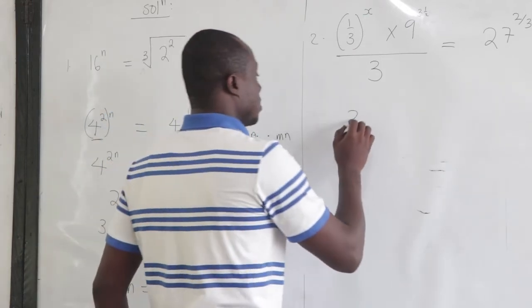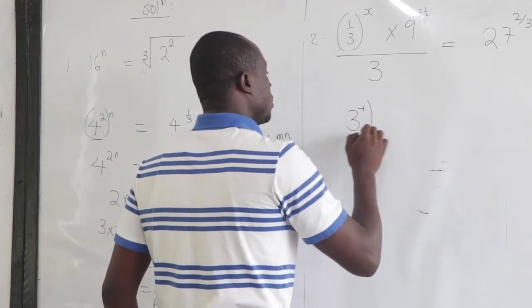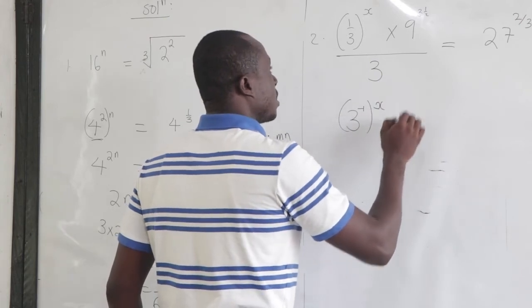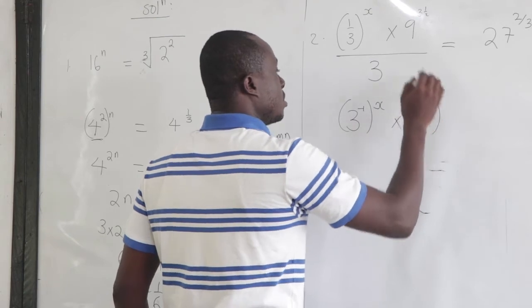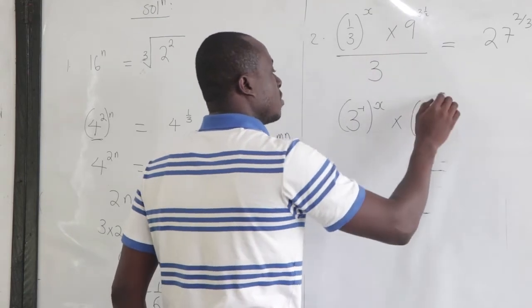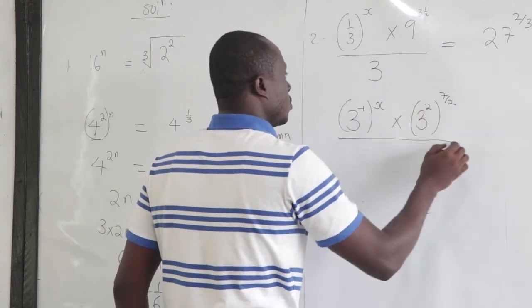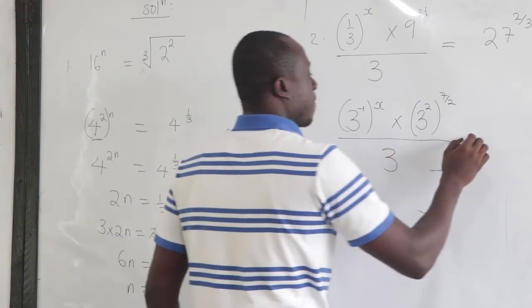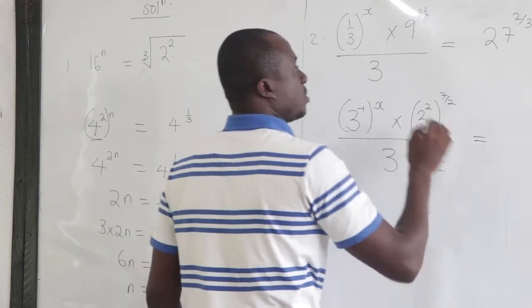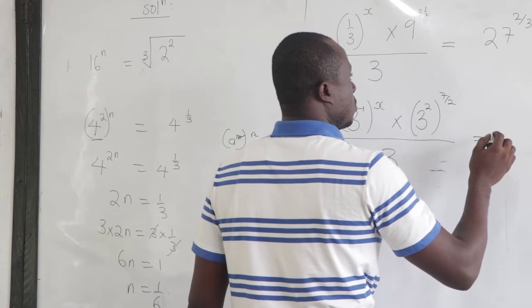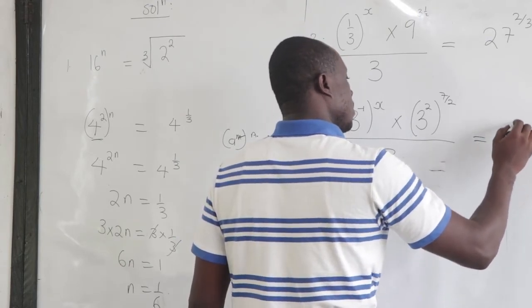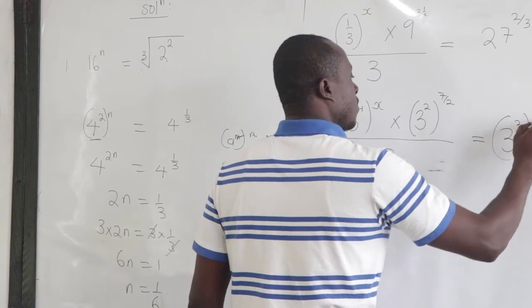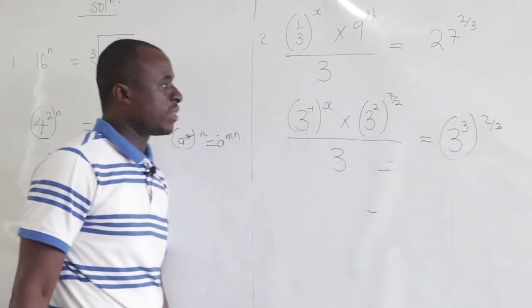So this is the same as 3 to the power negative x times, this one is 3 to the power 2, and this can be 2 times 3, 6 plus 1, 7, so we have 7 over 2, all over 3, equal to, we can change this to be 3 to the power 3, and we have outside 2 over 3.